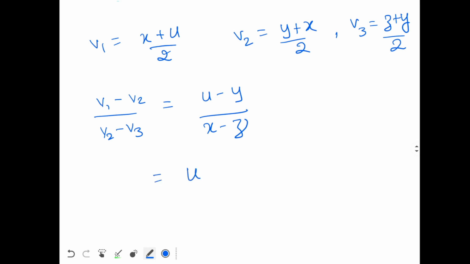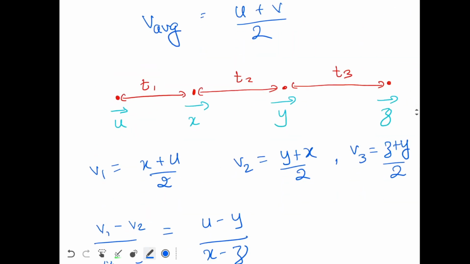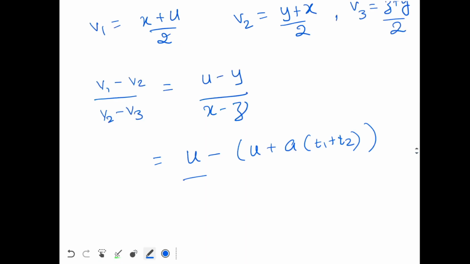So this is equal to u minus y. You achieve the velocity y after traveling for time t1 plus t2. You start from here, you covered time t1 plus t2 and you reach the velocity y. So y will be u plus a times (t1 plus t2).